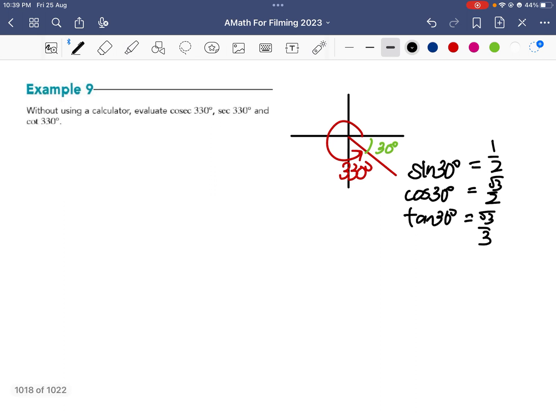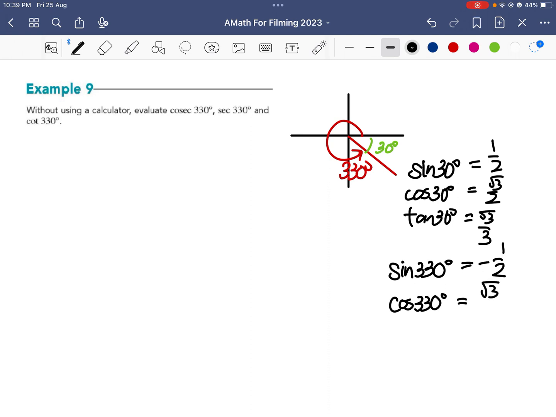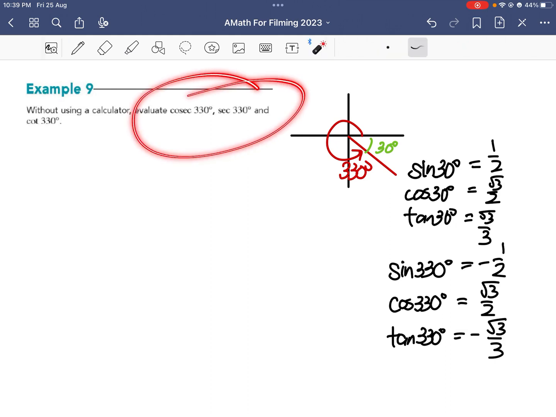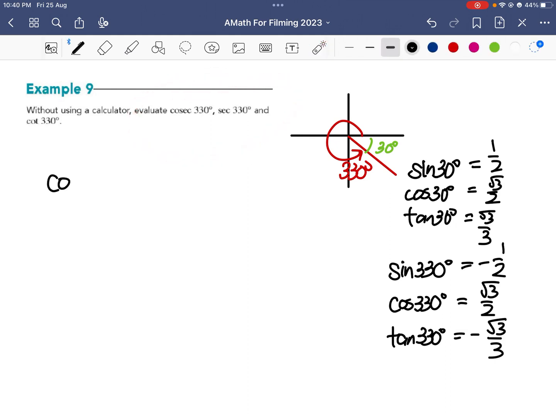Now what I will also know is that sine of 330, fourth quadrant, who is positive? ASTC, so only cosine is positive, hence sine of 330 is negative half. Cosine of 330 is positive square root 3 over 2. Tangent of 330 will be negative, so it's negative root 3 over 3 because it's in the fourth quadrant.